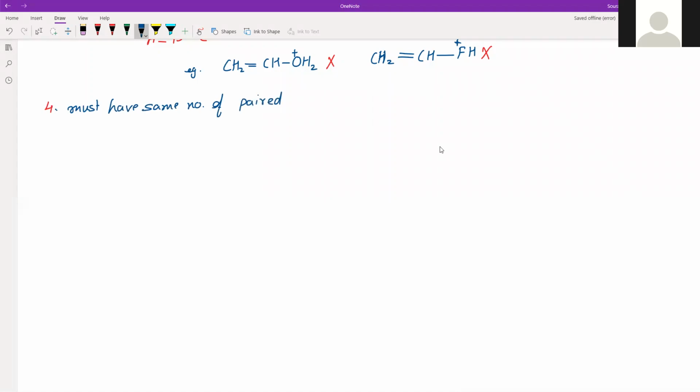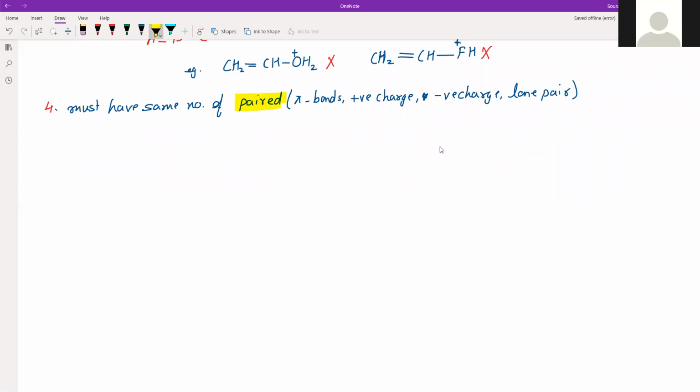That is, if they have pi bonds, or a positive charge, which means a loss of 2 electrons, or a negative charge, or a lone pair, these are all paired.